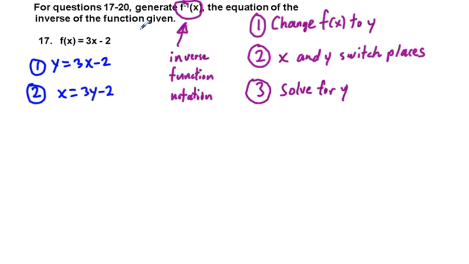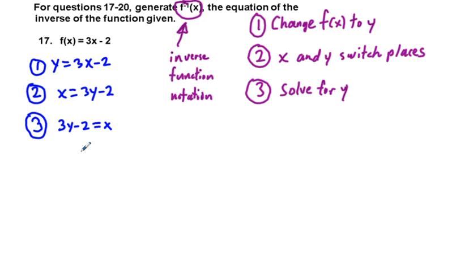And step three is usually our biggest step because you might have quite a few steps to have to solve for y. So I'm going to solve for y here, and I'm going to rewrite this equation as 3y minus 2 equals x. Why am I doing that? I want to have the variable I'm solving for, or the unknown I'm solving for, on the left side.